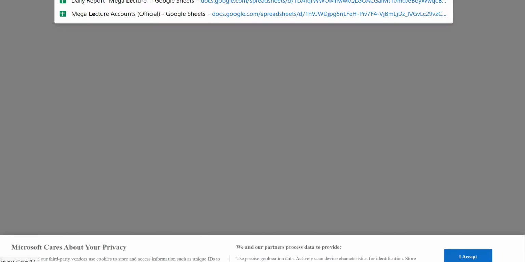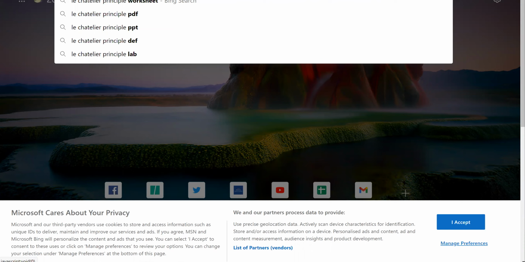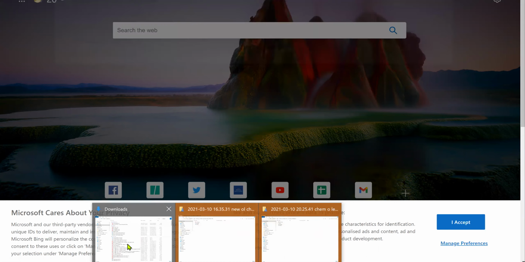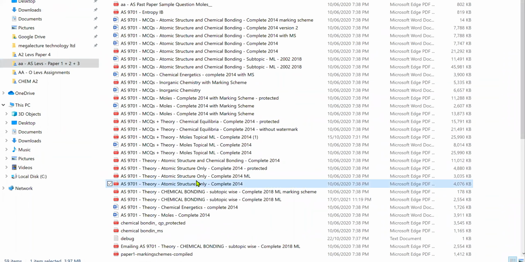Let me see. Let's try and do these. One second. There's another Le Chatelier's principle worksheet somewhere.